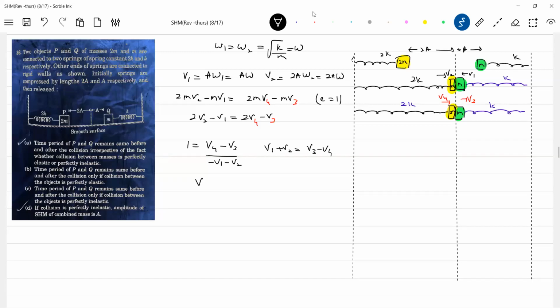Anybody V3, V4 value? Give me V3, V4 value. Solving equations one and two.